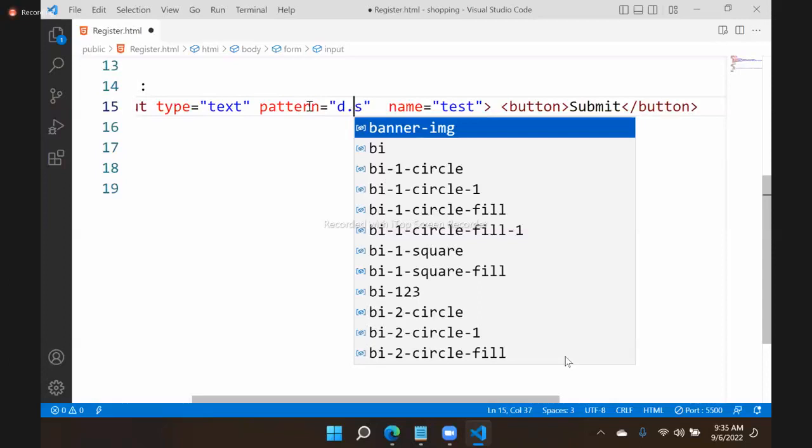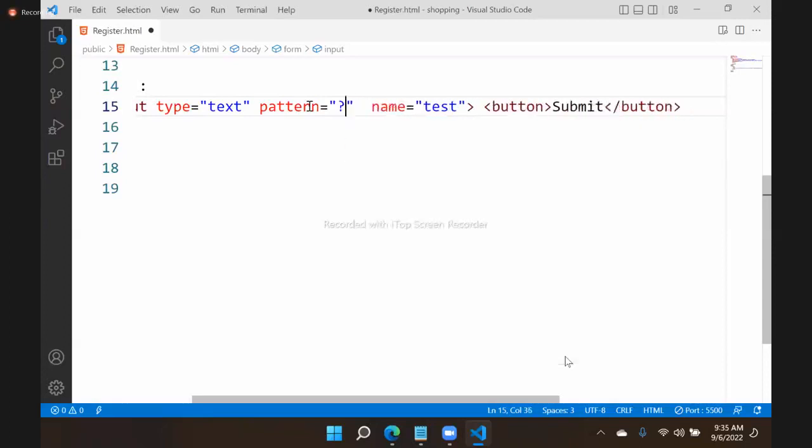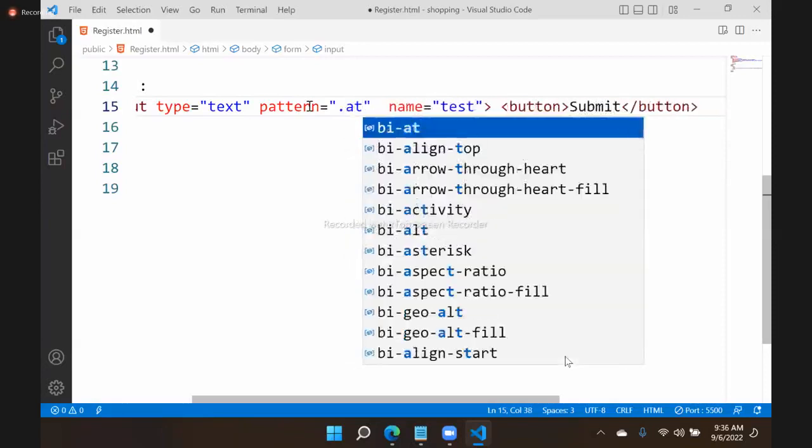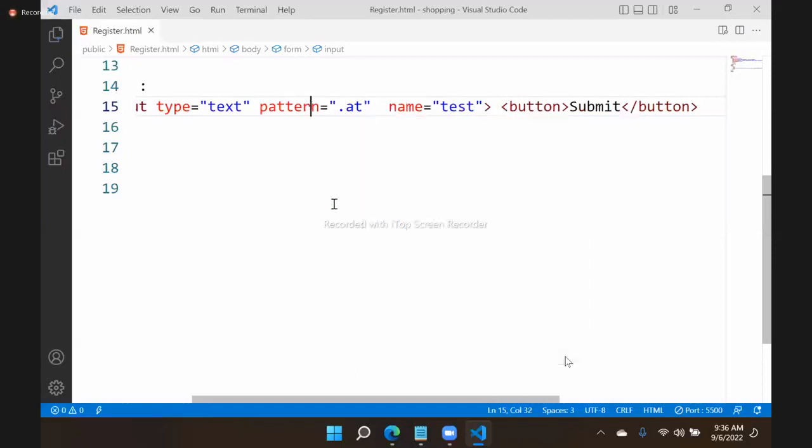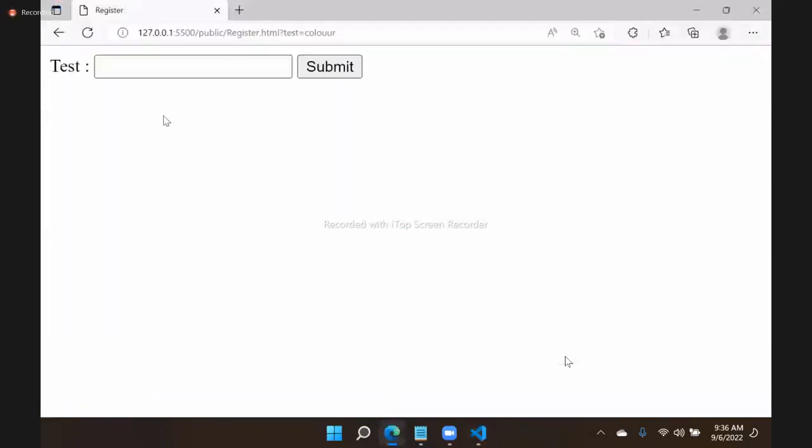For example, I am writing like this. That means first character can be anything, last two characters must be 80, total length can only be 3.